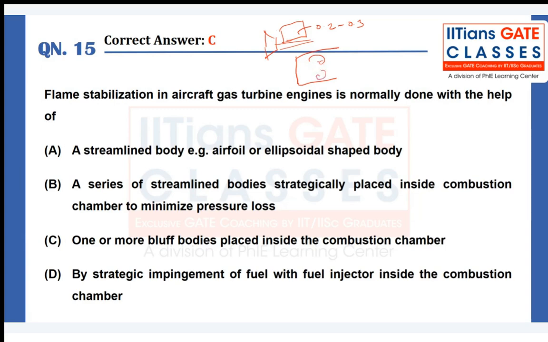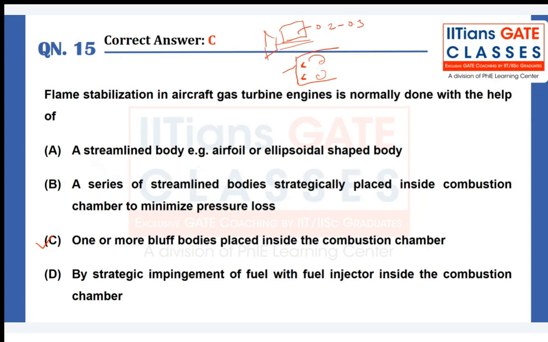It should create vortices or a sort of wake region so that the flow will be slowed down. These vortices can be created using bluff bodies only. Bluff bodies such as a sort of V structure, which when the flow comes, will create a wake at the downstream, and this will slow down the flow.